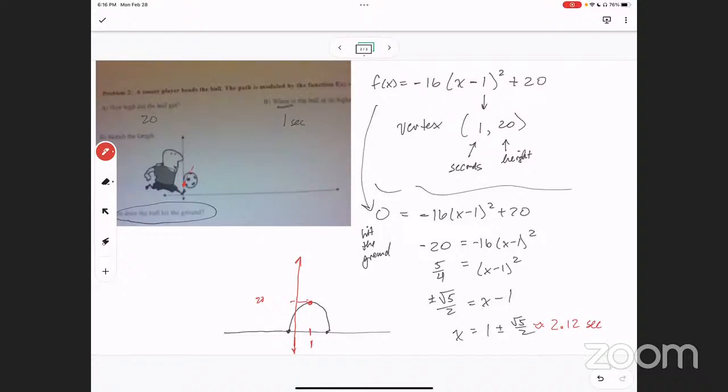Do you see? So your picture would look like this. And that point right there is (1, 20). And this point is 2.12. Okay. Yeah.